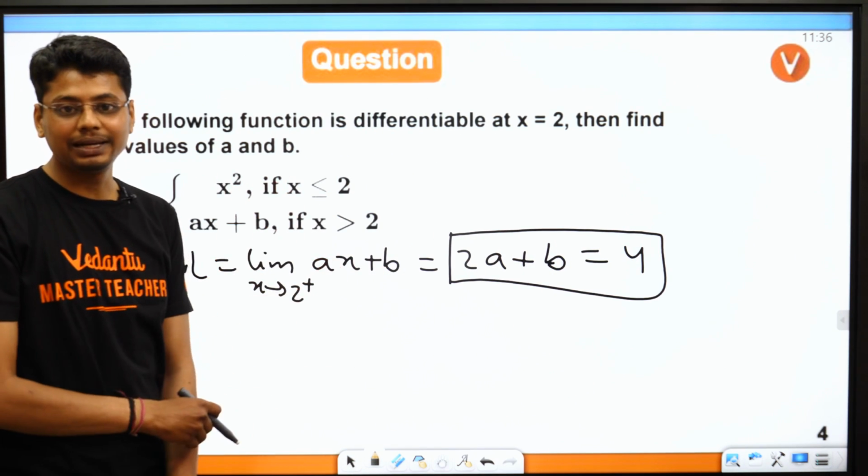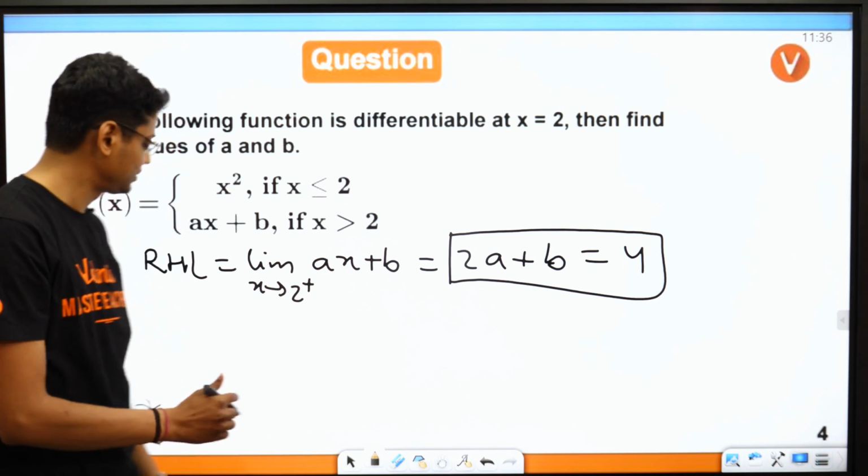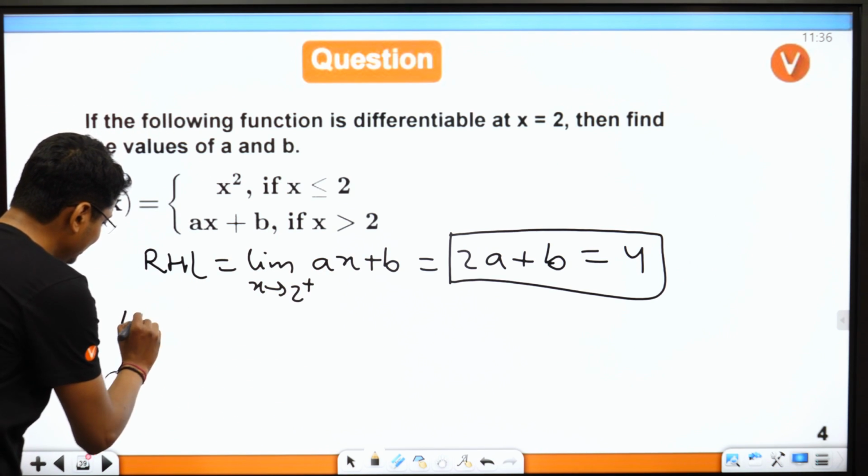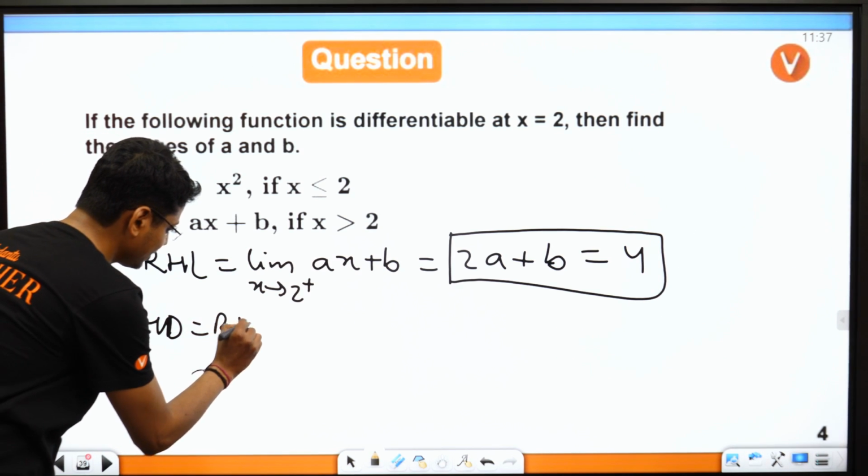And since it is differentiable, the left hand derivative should be equal to the right hand derivative.